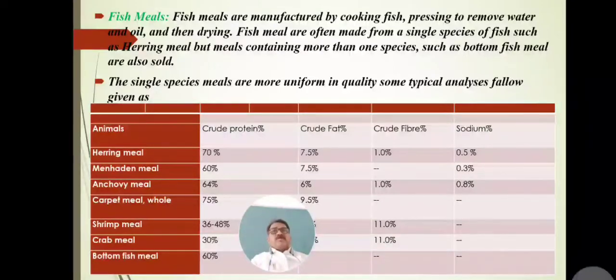When the fish meal is produced by combining herring, sardine, hilsa, and mackerel, that is, different fishes combined to produce the meal, it is called multi-species fish meal.